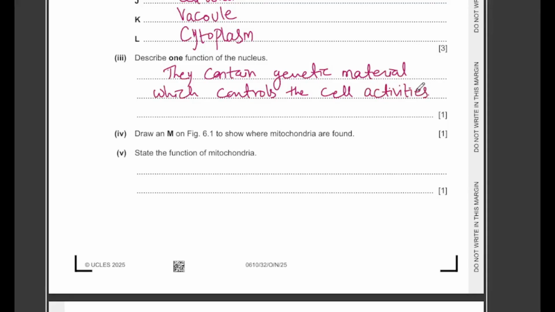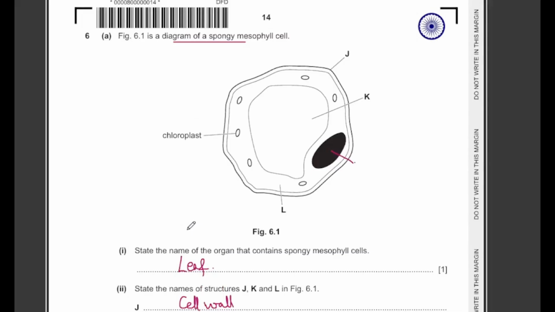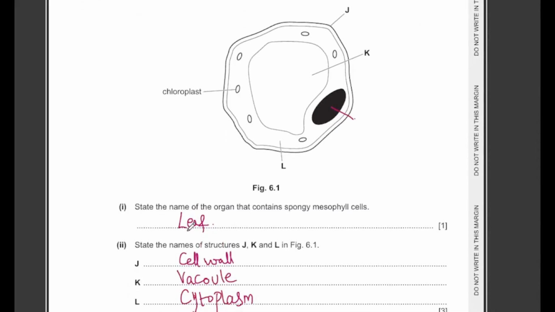Now draw an M on the figure 6.1 to show where mitochondria are found. So M, we just have to draw M. Where do you draw M? M should not be in the vacuole. It should be anywhere in the cytoplasm.